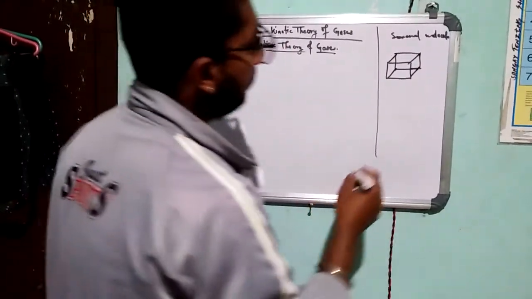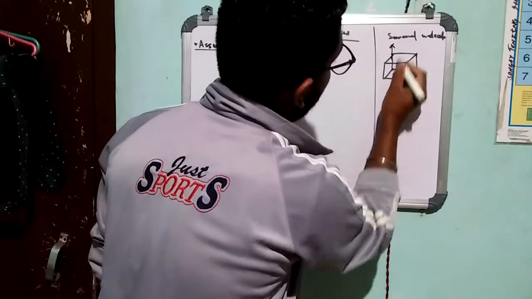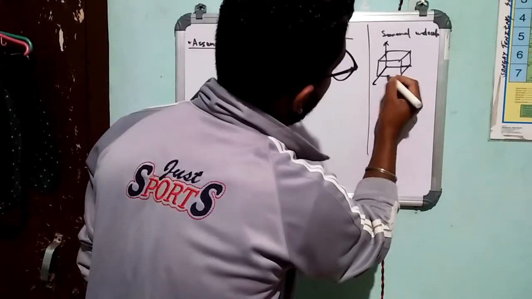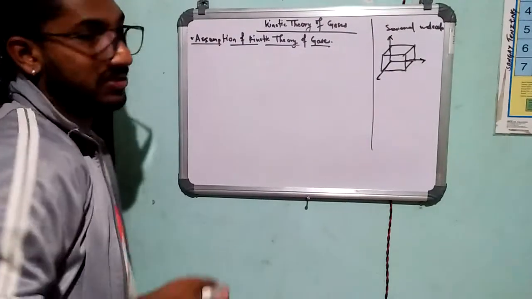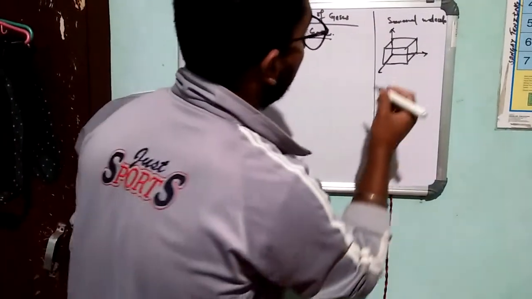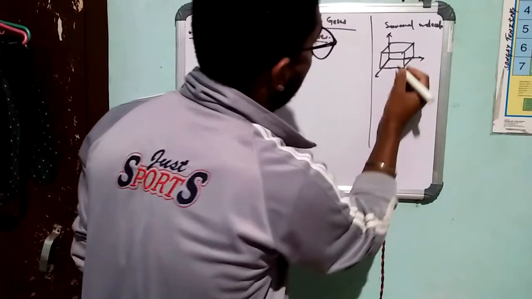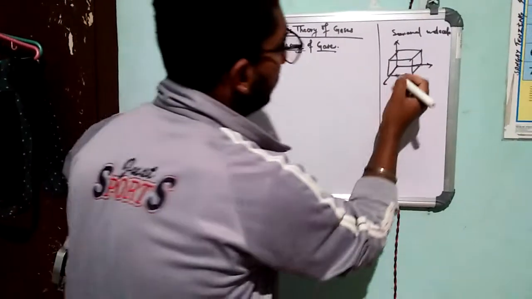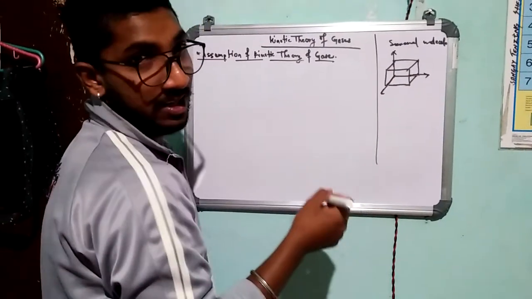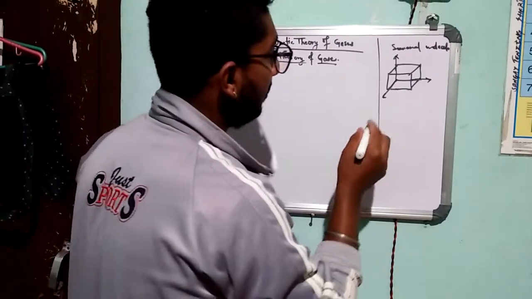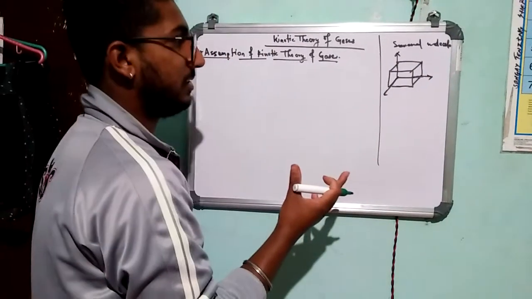And we know that every container or each and every object which seems empty is actually not empty, but it is filled by a gas. So let us suppose this container has a gas. That gas is moving in and around the container.